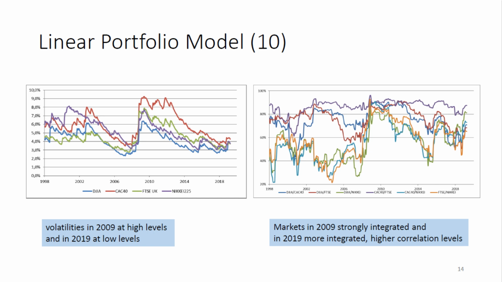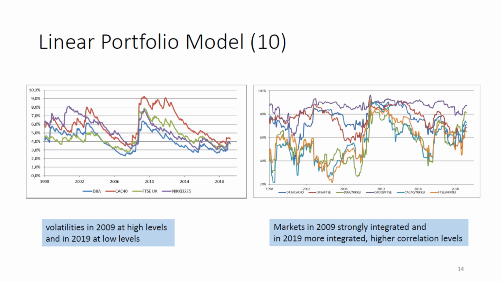After the crisis there is some time that the volatilities remain high, but after a while, say after 2012, we gradually see the volatilities go down to be back at the lowest level in the past 20 years again.